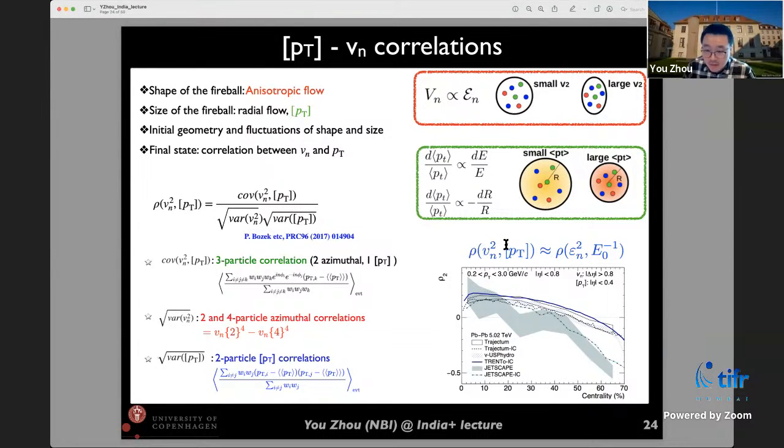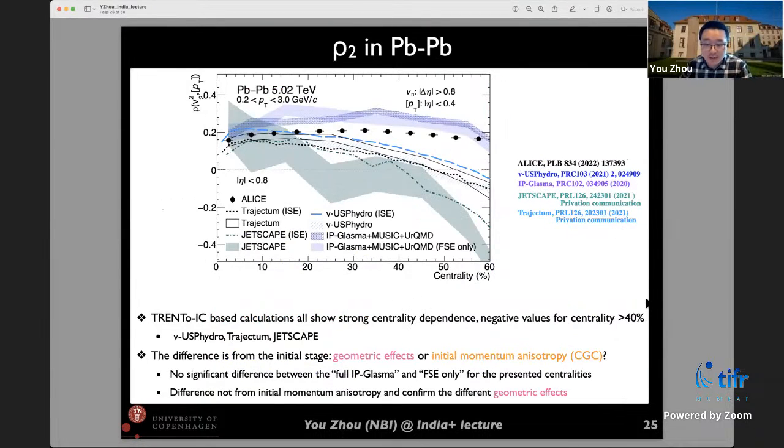Therefore, if you can do the measurements based on the vn and pT correlation, you can directly access the initial state eccentricity and E0 correlation. And this has been done by ALICE and published last year.